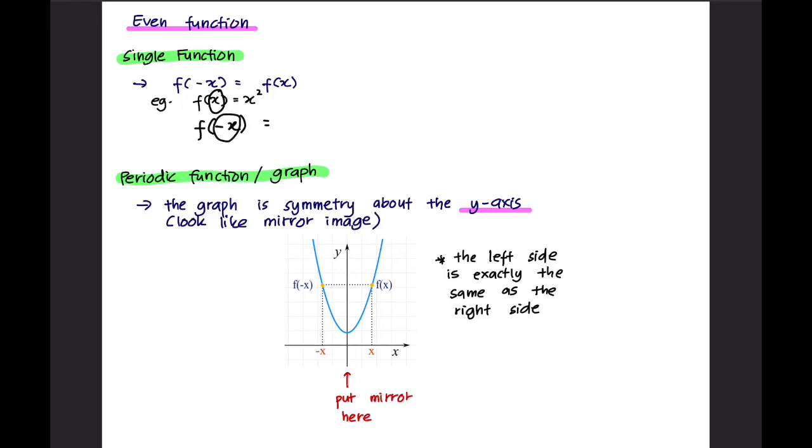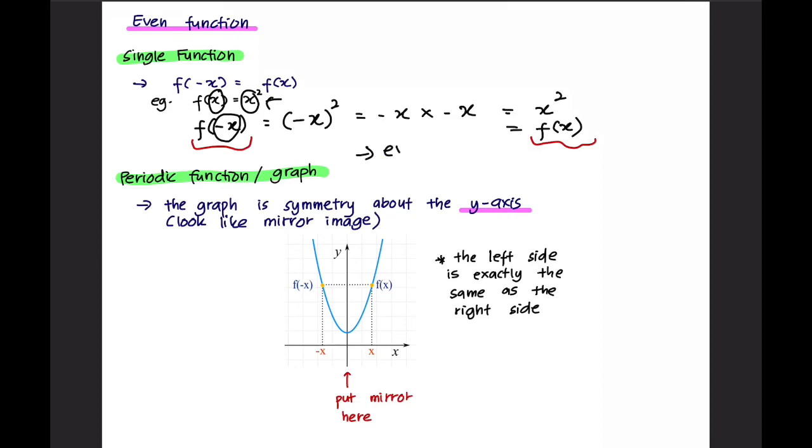Negative x multiplied by negative x, you will get x squared. So x squared is f(x). So f(-x) equals f(x). Then this function is an even function.